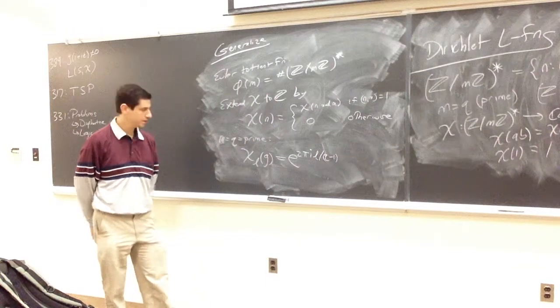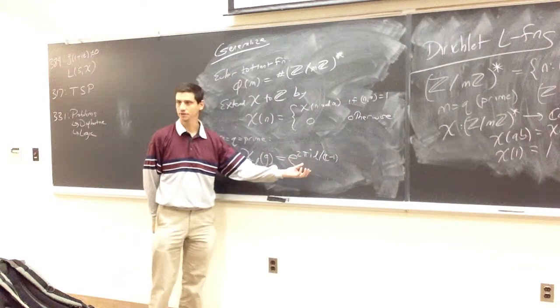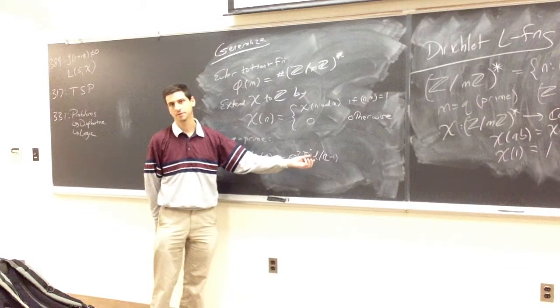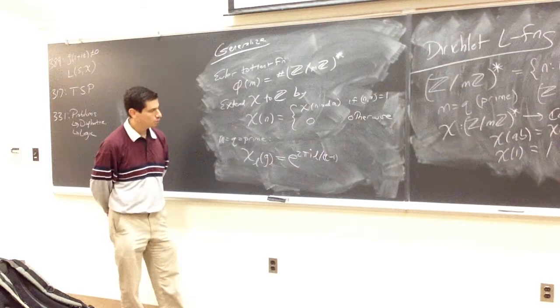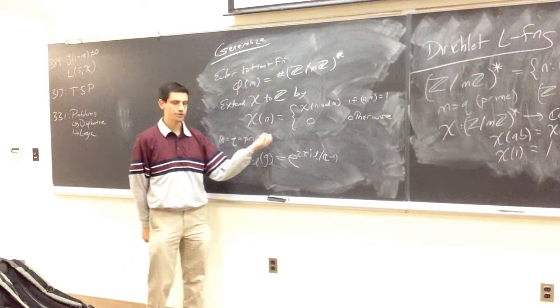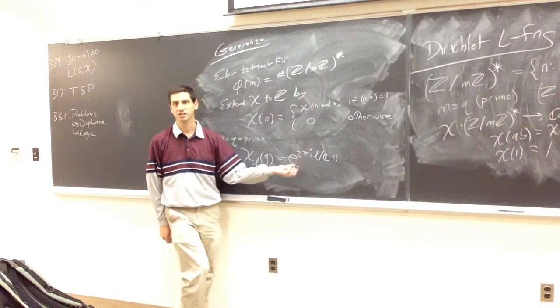We have to map things to something of absolute value 1. As soon as I say absolute value 1, you should be thinking e to the 2 pi i something. Then the question becomes, why is it L over q minus 1? Well, if you take the generator to the q minus 1 power, you get the identity element.